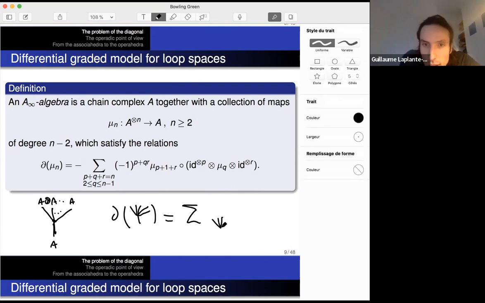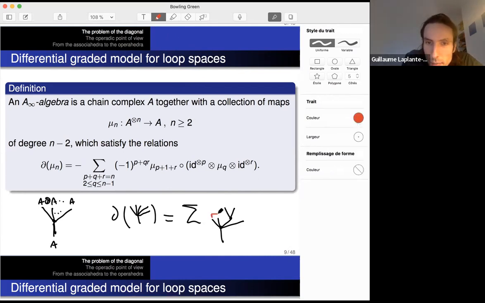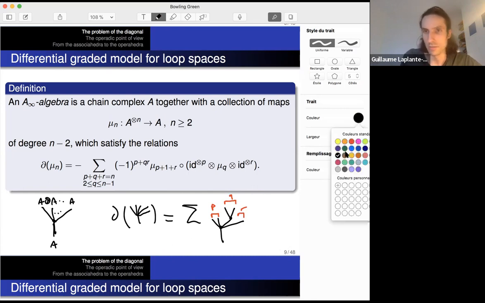So 1, 2, 3, and then you'll get 4, 5. And I will put one here on the right. And so the P, Q, and R that you're seeing in the equations are just the number of leaves here, P, Q, and R. And you're summing over all the possible ways of composing two planar trees to get one with a fixed number of leaves.